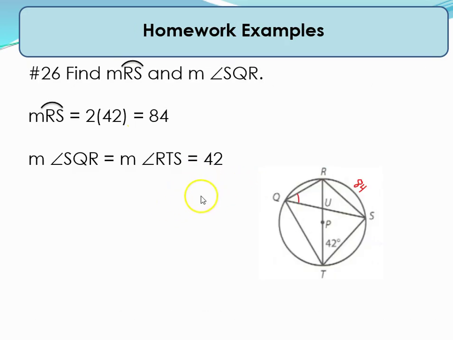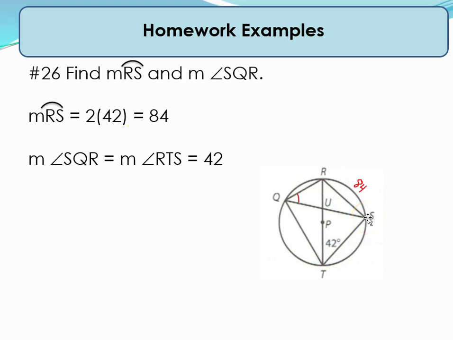And for the last problem, find arc RS and the measure of angle SQR. So arc RS is the arc that is intercepted by this 42 degree angle right here. So if it's 42 degrees, we know it's half of arc RS, so RS would be 2 times 42, which is 84.